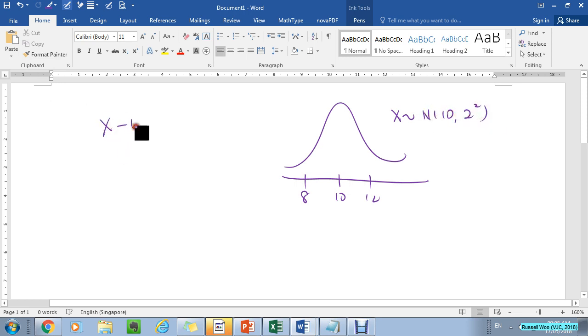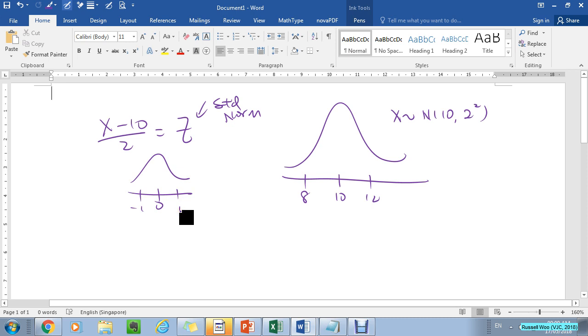If I take X minus 10, recall, I shift the diagram, the mean will be 0. Correct or not? I divide by 2. The standard deviation now becomes 1. So, this divided by 2 is actually my standard normal, with mean 0. Do you remember this one?